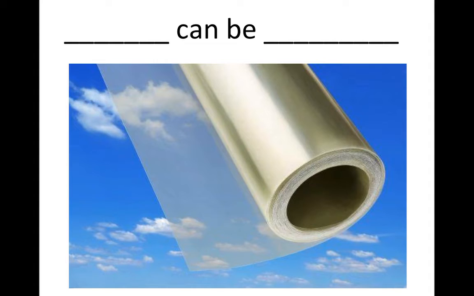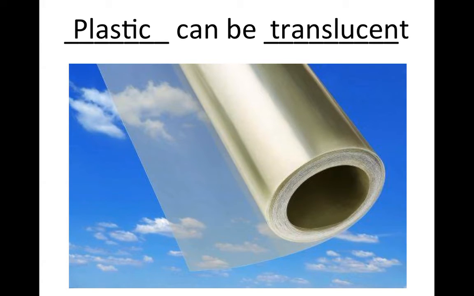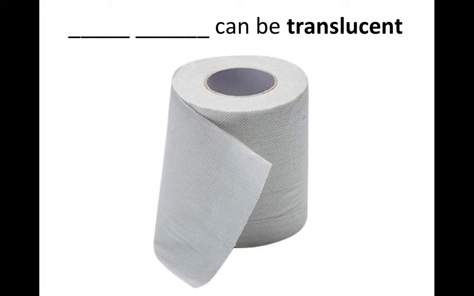First, what material is this? Plastic. Plastic can be, not always, but can be, translucent. Plastic can be translucent. Next, this material can be translucent as well. For example, we call it tissue paper. It can be translucent.